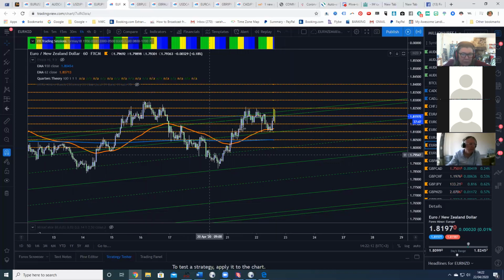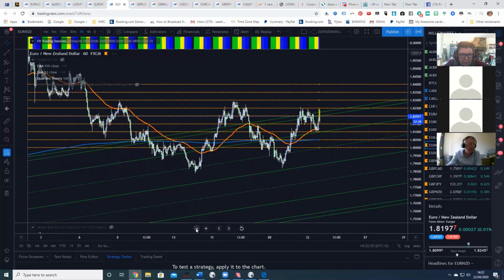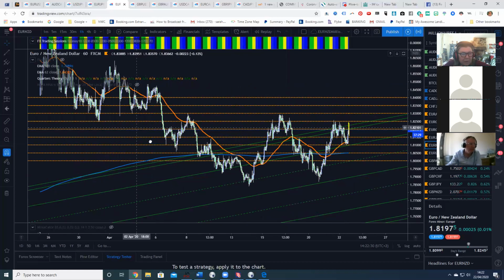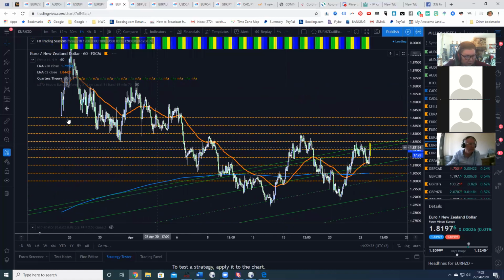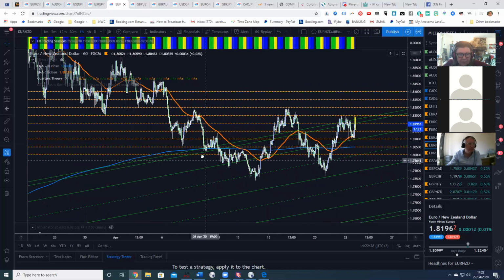So at the moment, it looks like it's completed on that wave, and you can see that it's met these lines of resistance before, on the hourly, and it's been in a downtrend for quite a while, quite a long downtrend, the euro against the New Zealand dollar there.